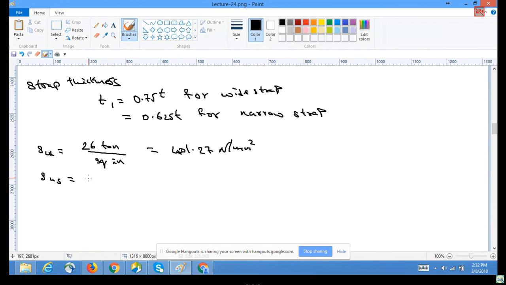SUS is 21 ton per square inch, which is 324.01 Newton per mm square.